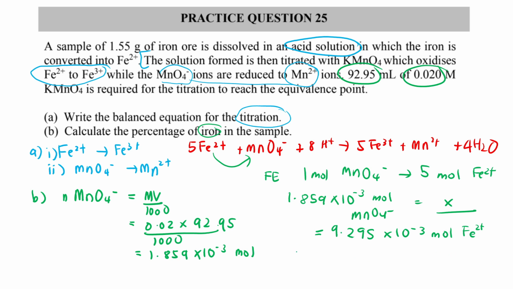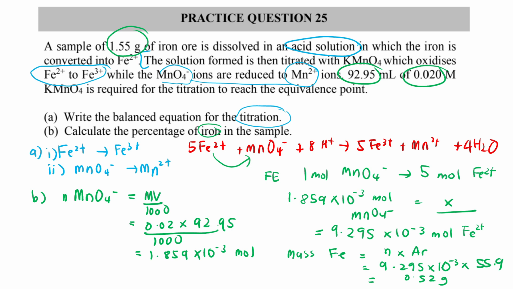So to get the mass, we have the mole, so calculate the mass of Fe: mole times Ar. So 9.259 exponent negative 3 times Ar for Fe, which is 55.9. So we have a mass of Fe of 0.52 gram. Okay, they want the percentage. In the sample, we have 1.55 gram, and 0.52 is the mass of Fe.